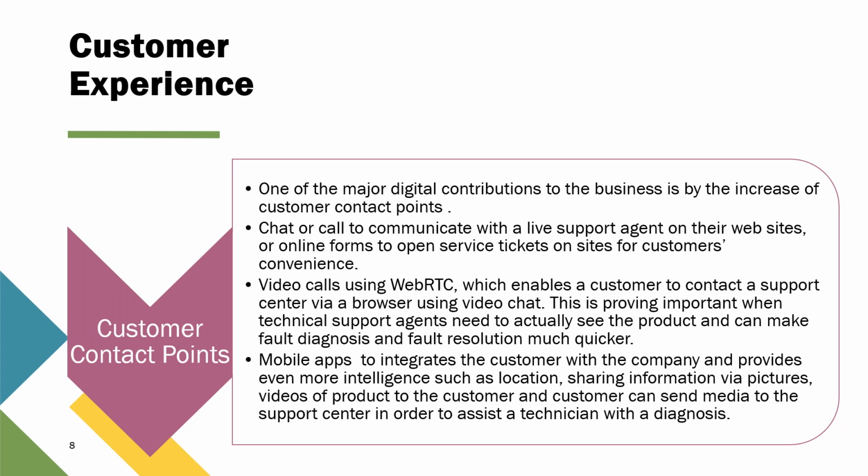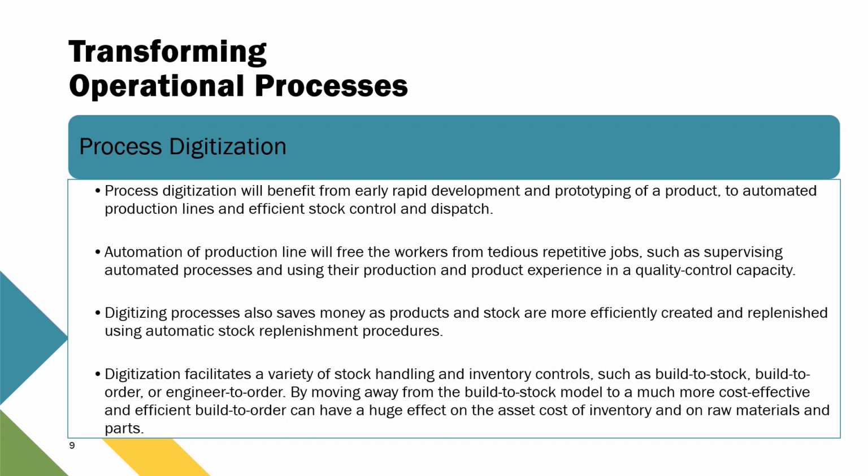The second step that can be taken by the company for digital transformation will be transforming operational processes, where for the first step they can do process digitization, meaning that we involve process digitization from the design of the product till the end of the production line.